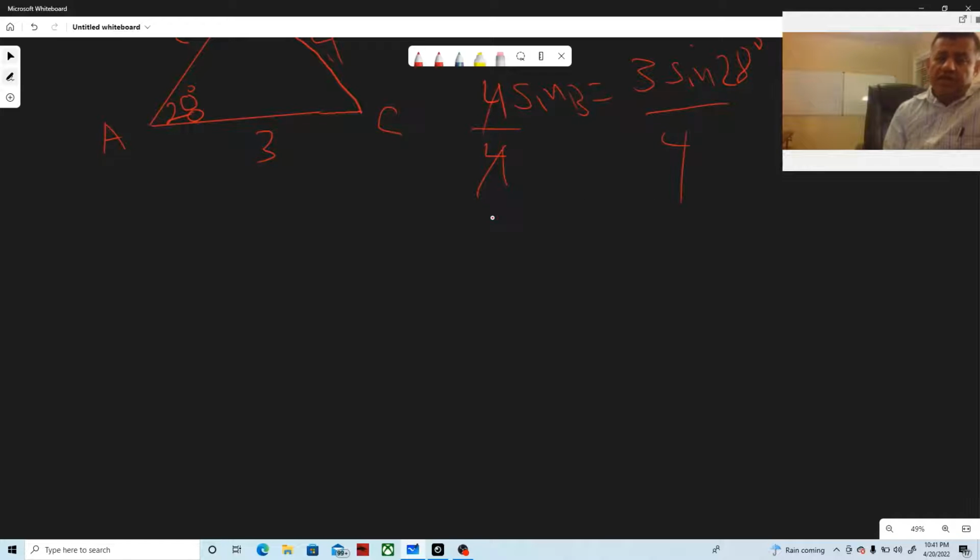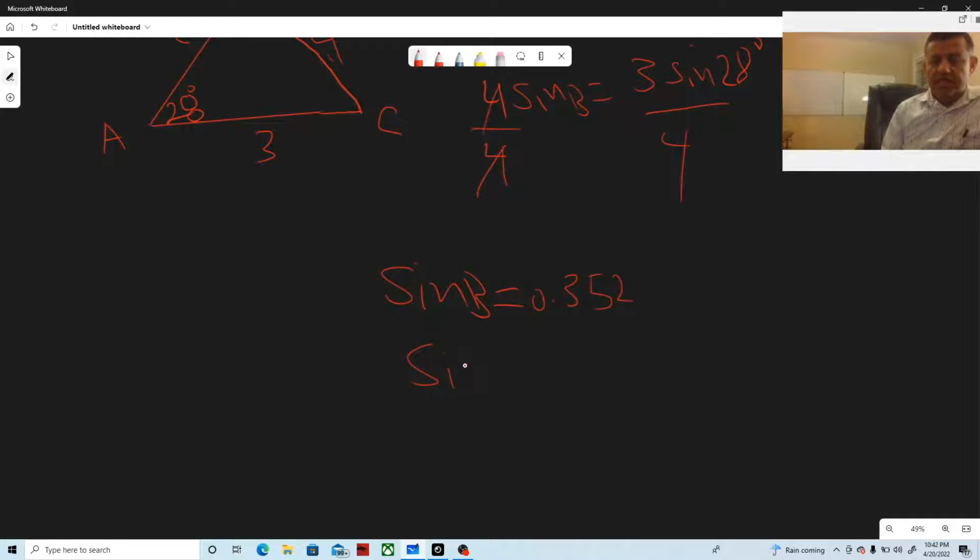And we get sine of B equal to, using a calculator, 3 sine of 28 divided by 4, which is equal to 0.3521. Now we take the inverse, sine inverse.